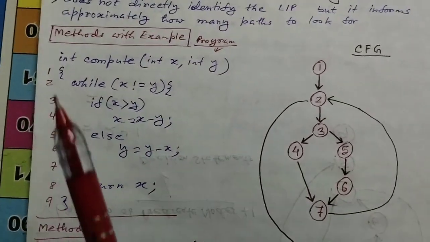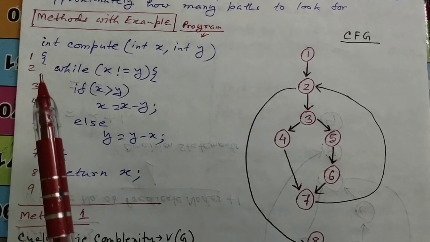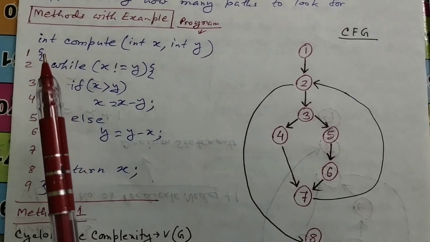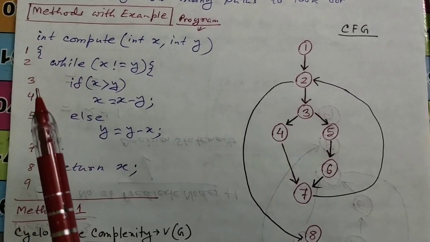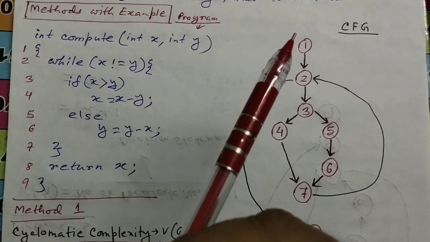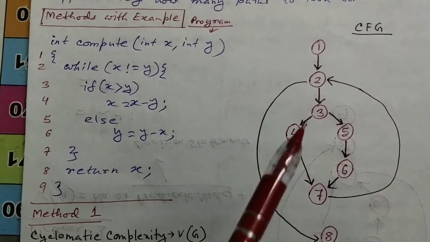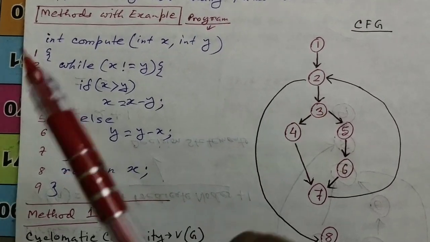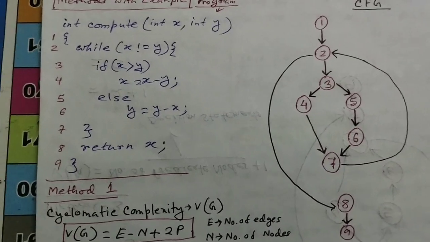Now here you can see from 1 the program counter will go to 2, because after 1 it will go to the second line. After that it will go to the third line. So 1 to 2 there is a connection, so it is a directed edge. Next, 2 to 3 there is also another connection. In this way we can generate all the edges.